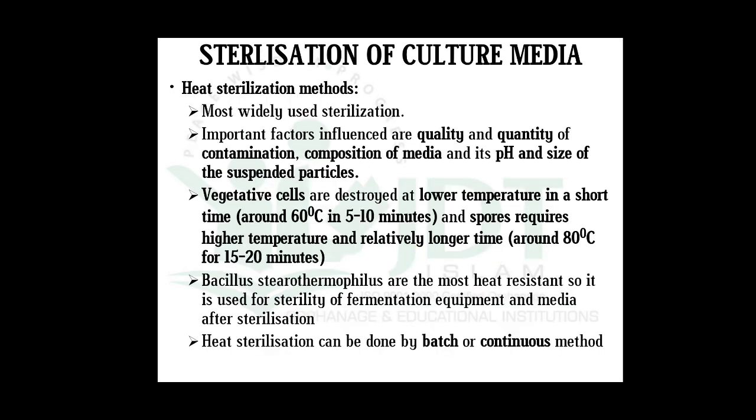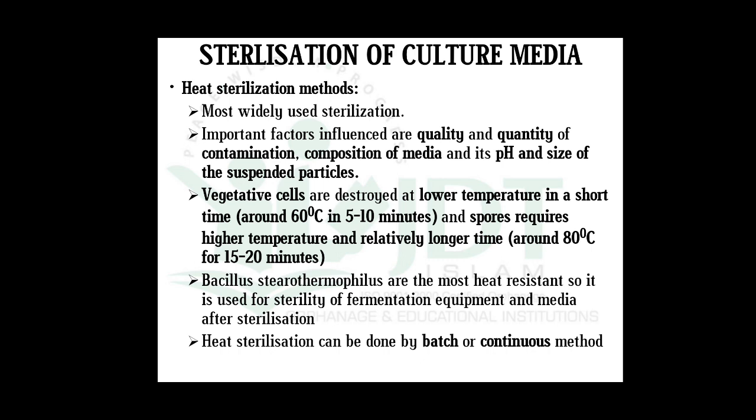Now, the most commonly used method of sterilization is the heat sterilization method. While selecting the heat sterilization method, we have to consider some factors which will influence it: the quality and quantity of the contamination, the composition of the culture media, its pH, and the size of suspended particles.